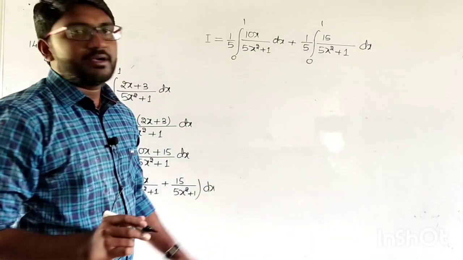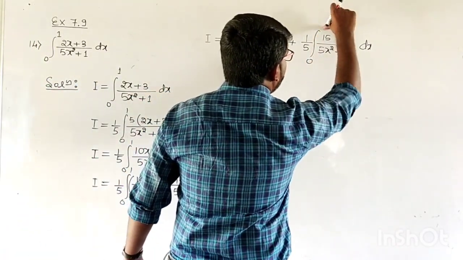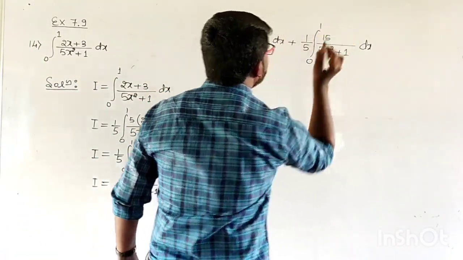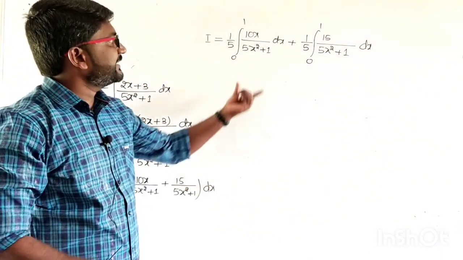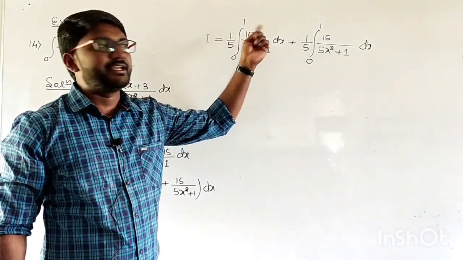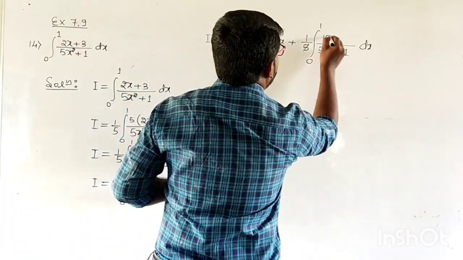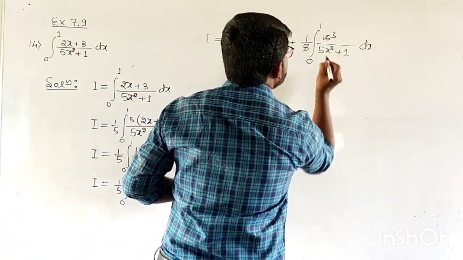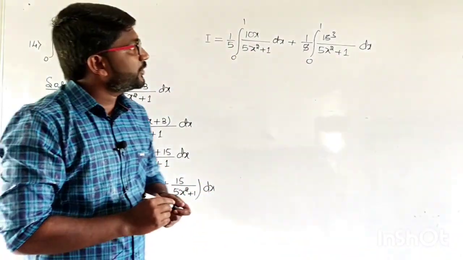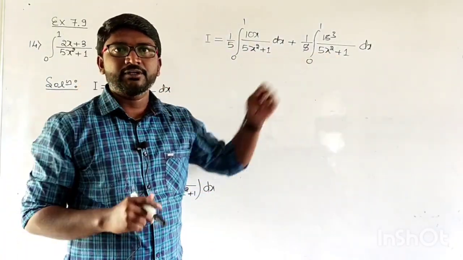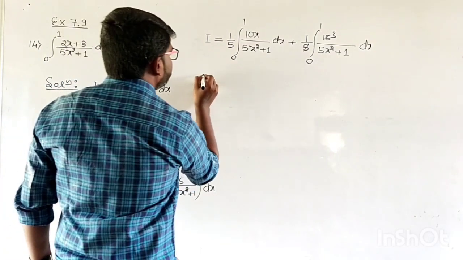So now see here, the first one is in the form of f dash of x by f of x. If we differentiate the denominator, we get the numerator. And here 5 ones are 5, 5 threes are 15, and in the denominator we will have to take 5 common. So let us do that now.